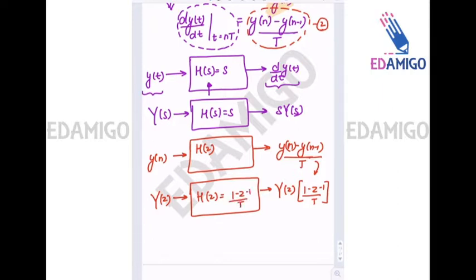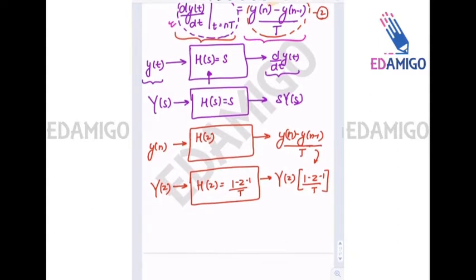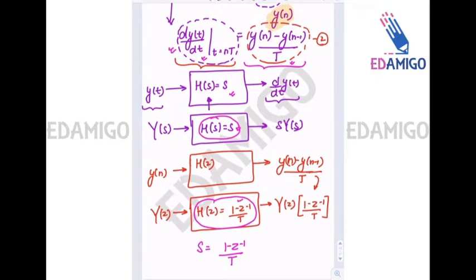Now in this transformation, from equation number 2, in time domain dy/dt at t equal to nT is equal to y(n) minus y(n minus 1) divided by capital T. So the system function in the analog domain of this operation will be equal to the system function in the discrete domain of this operation. So we can say that s is equal to 1 minus z inverse divided by capital T. Let me explain how we are getting this one more time.